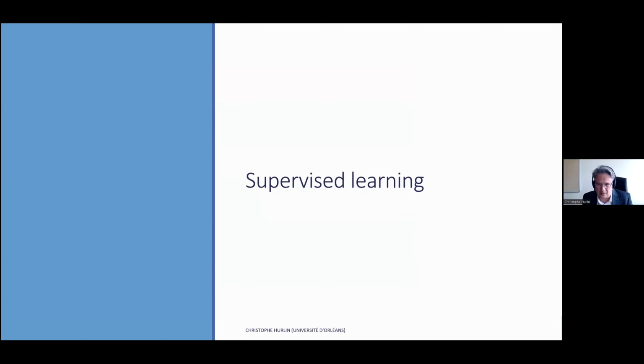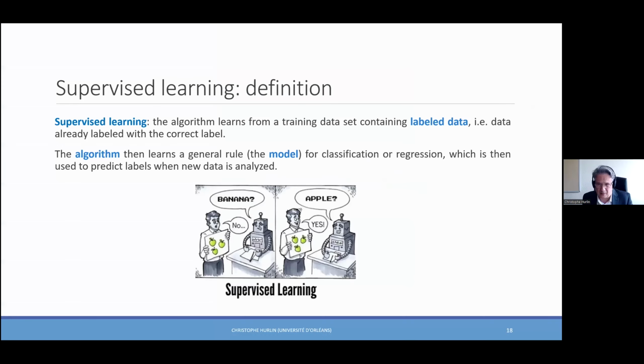Let me explain how a learning algorithm works. The algorithm learns from a training data set containing labeled data, so data that are already labeled with the correct label.